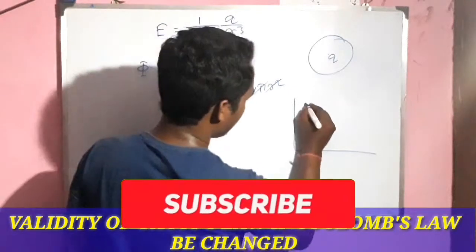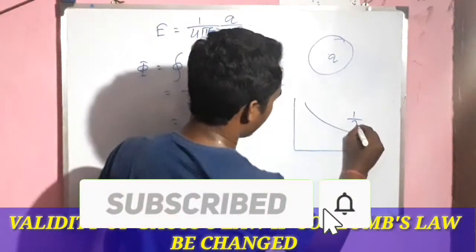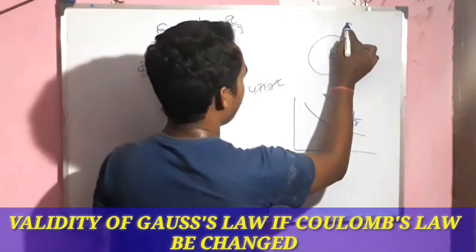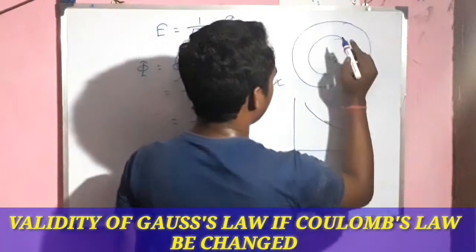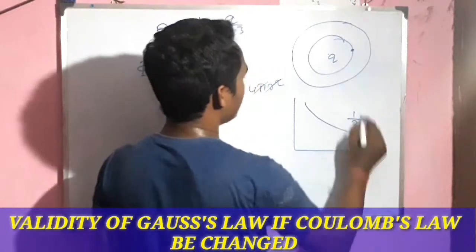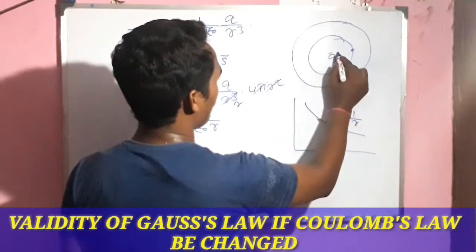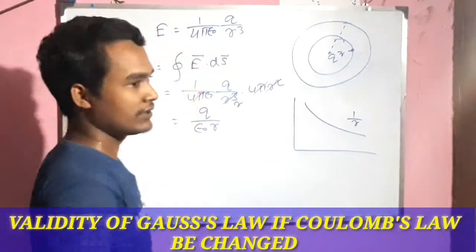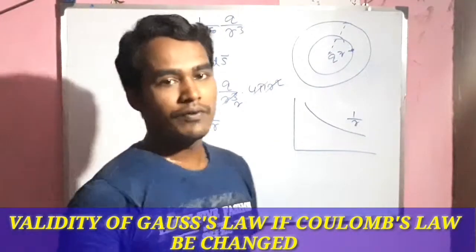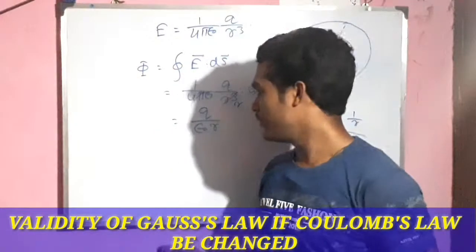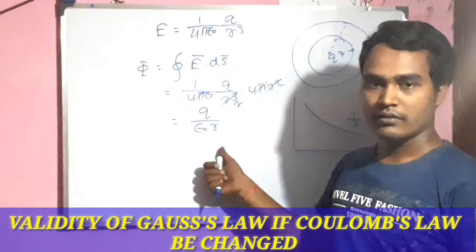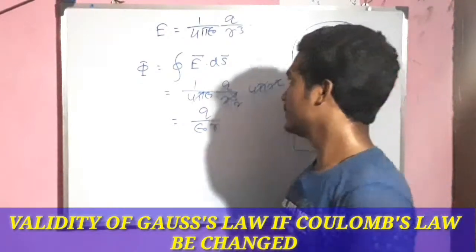So we get that flux will decrease in this manner, as 1 by r. So in that case, the flux at this point is proportional to 1 by r. The flux at this point will decrease. So the total flux will not be q by epsilon naught, it will be q by epsilon naught r. So Gauss's law is not valid here.